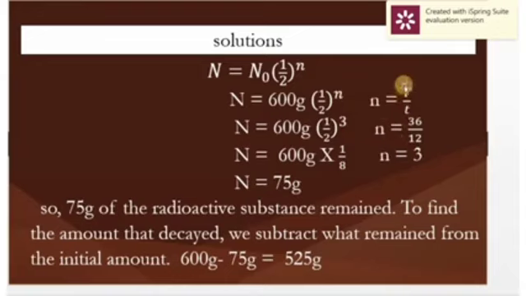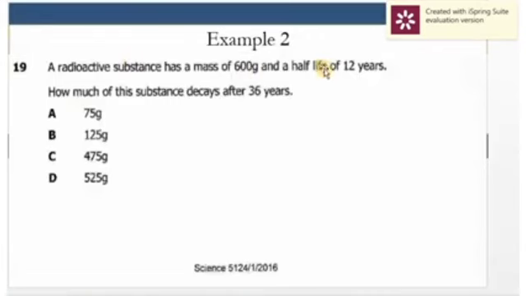We are told the total time that elapsed is 36 years, and we are told that the half-life of the sample is 12 years. If you go back to the question, that's what it actually says. It says the half-life of a sample is 12 years, and how much of this substance decays after 36 years. So this is the total time elapsed, and this is the half-life of the sample.